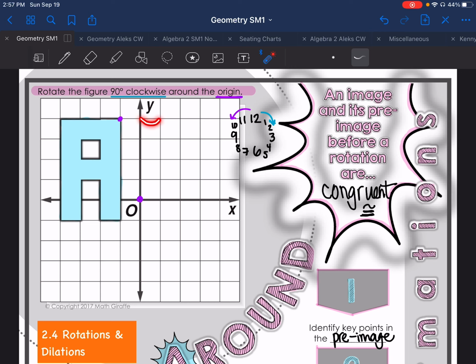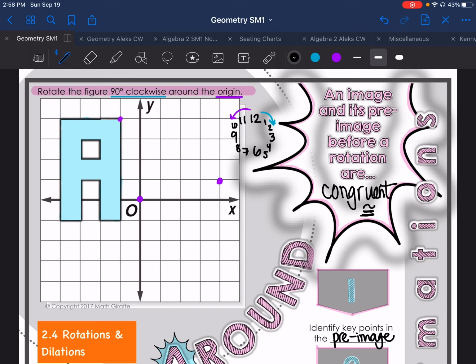I'm going to go 1, 2, 3, 4, and 1 up. I'm going to go right there. So it's kind of like if I'm going to count, I'm going to do it backwards.